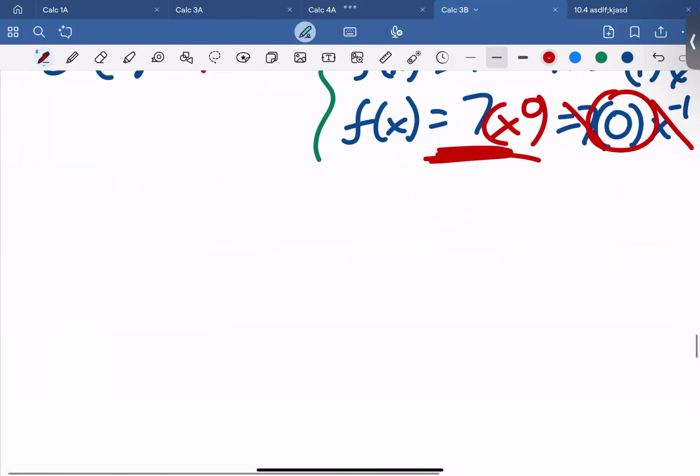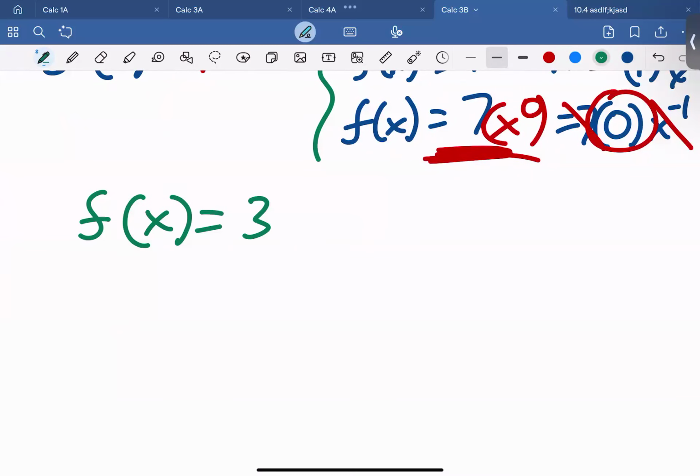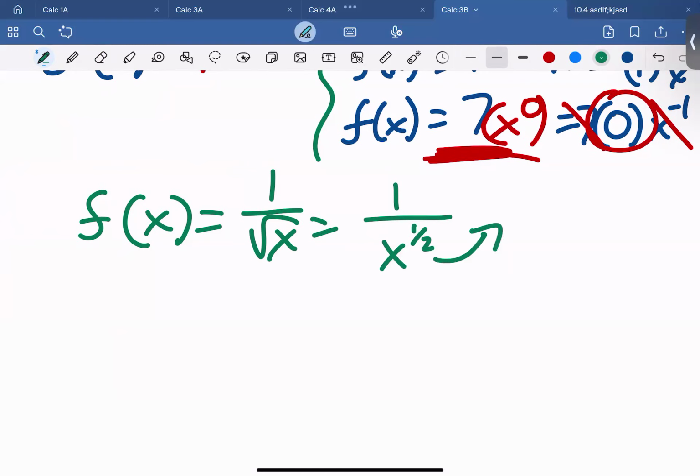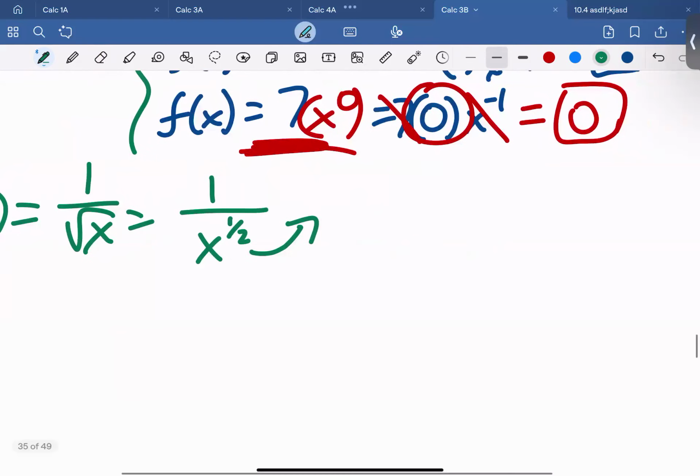Let's try something a little bit harder as we wrap up the power rule. Actually, let's do a few more. Why don't we do 1 over square root x. I'm going to rewrite this as 1 over x to the 1/2. The caveat for the power rule is you cannot do it with a variable on the bottom, so we need to bring this x up.